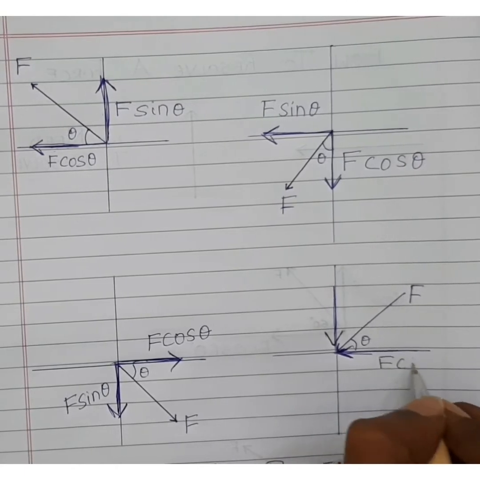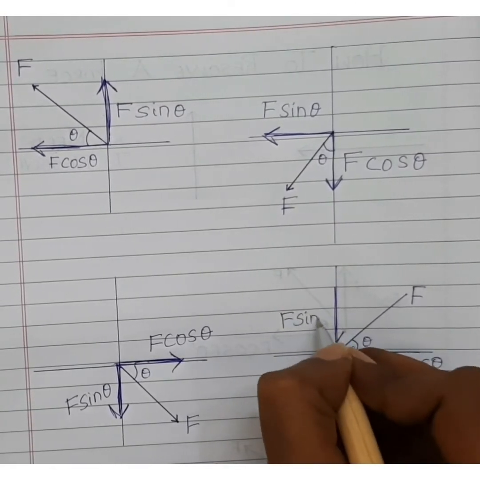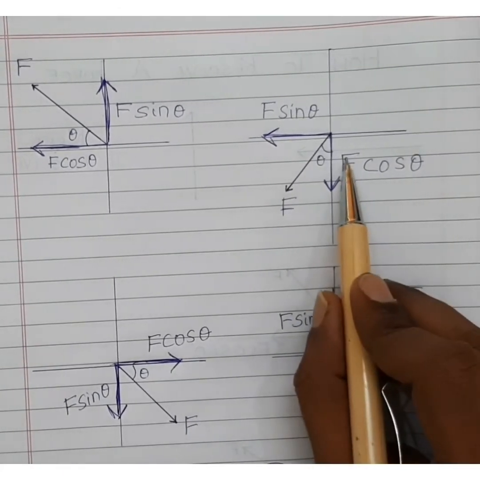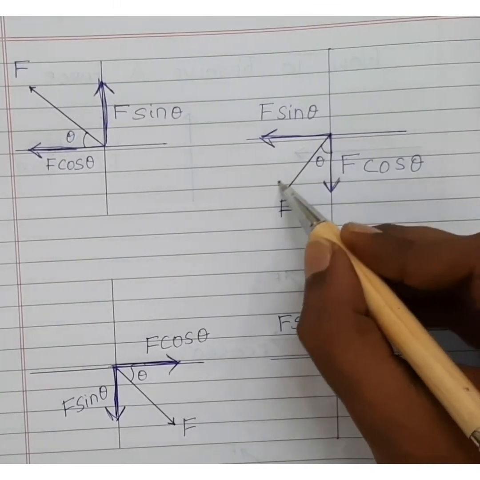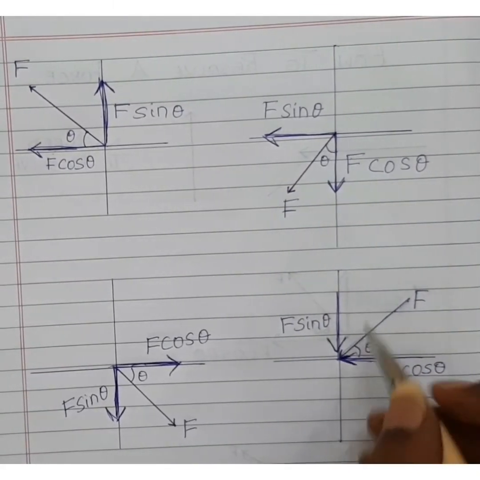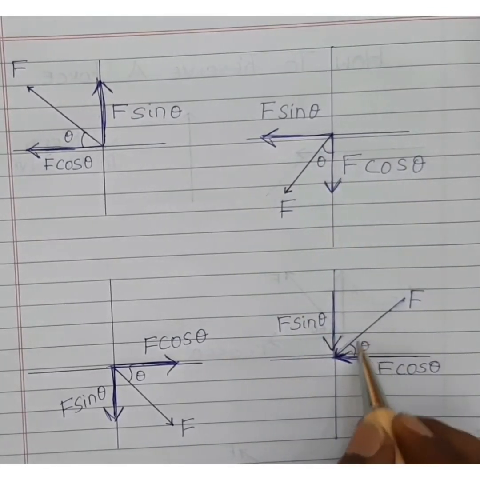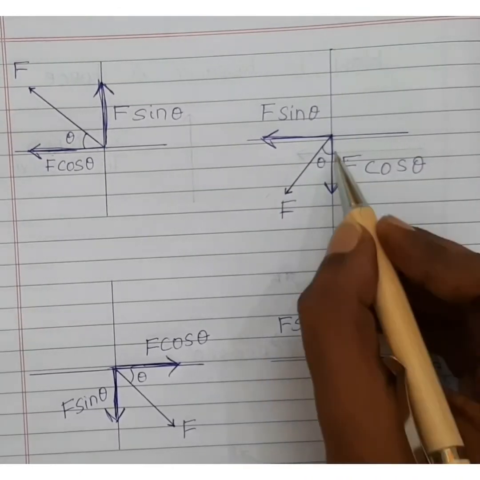So this is F cos theta and this is F sin theta. But this is same as this force. You can see the direction. Only the angle differs. Here angle theta is with respect to y axis, whereas here it's with respect to x axis. That is the only difference, whereas the direction remains the same.